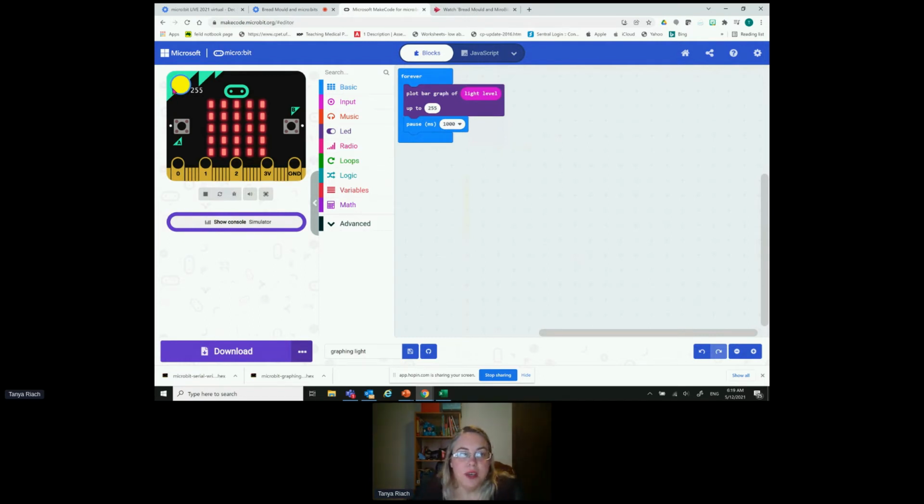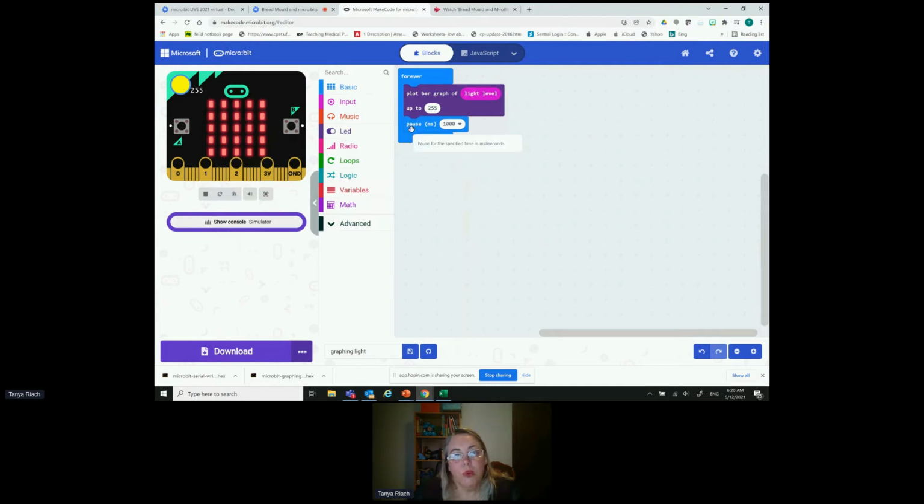For students that were working from home, they didn't actually get to use the microbit during their experiment, but they did get to complete the simulator part and create a code for their work. So we had a forever block. We were initially just using the plot graph up to the light, talking about putting some pauses in.